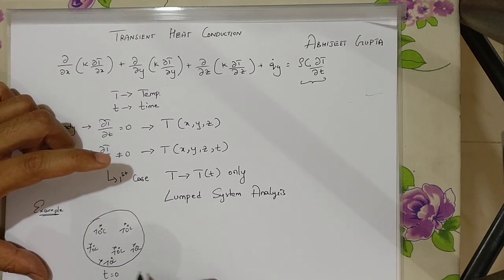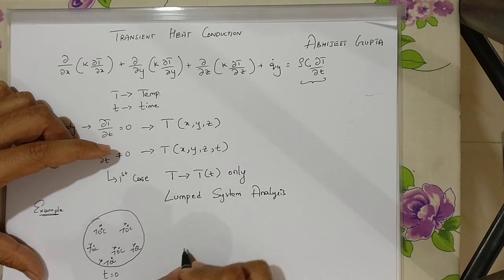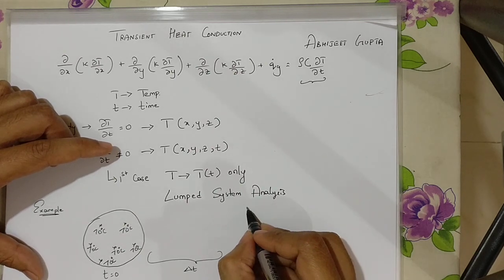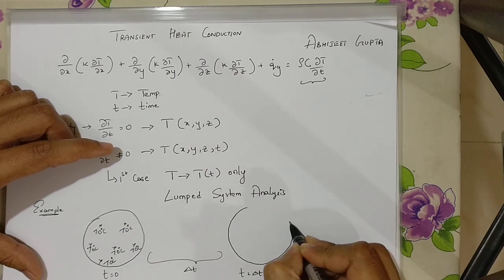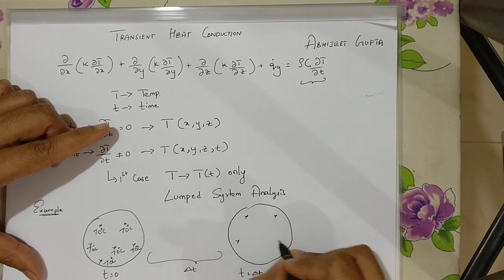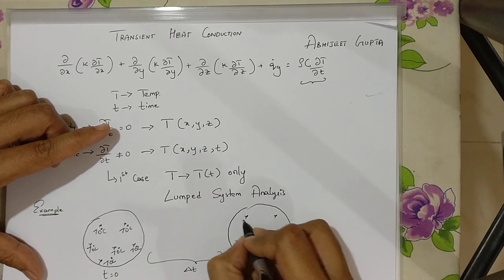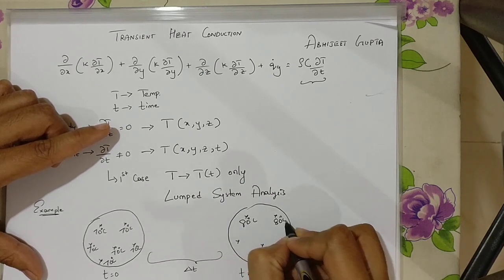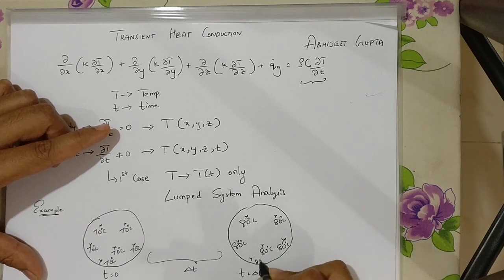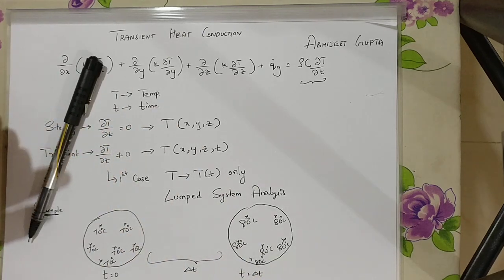So at t equal to 0, let us assume this is the temperature of the body, and at t equal to delta t, that means after delta t time, let us say this ball is heated up. So now if you notice, the temperature of this ball is 80 degrees centigrade.